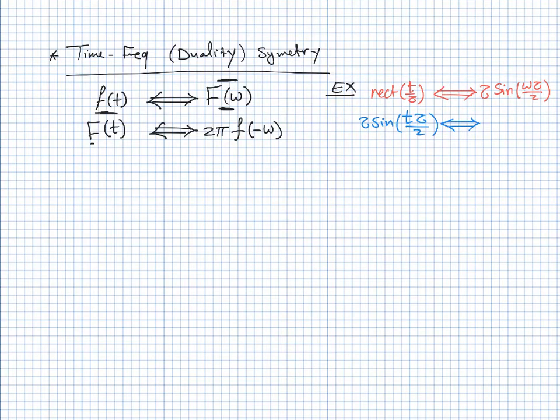But rather than being of t, it's gonna be of minus omega, and it's going to be multiplied by 2 pi. So simply, the Fourier transform of this, I can figure it out by looking at this guy, and it's going to look as a rectangle. And instead of being a function of t, it's going to be a function of minus omega. So a rectangle of minus omega divided by tau. It's the same function, only the t replaced by minus omega, right?